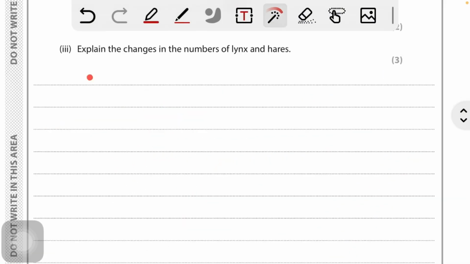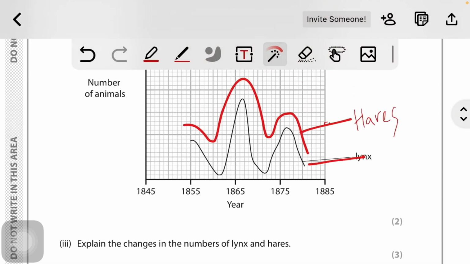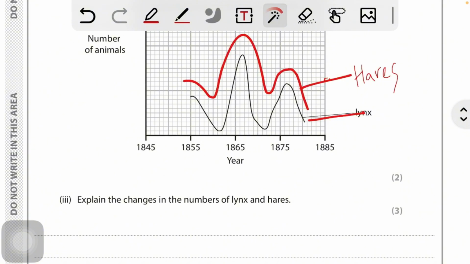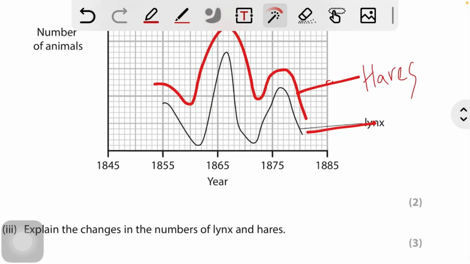Explain the changes in the number of lynx and hares. So let me discuss it for a few minutes. The change we can see here is that when the number of hares decreases, the number of lynx also decreases because there is less food.